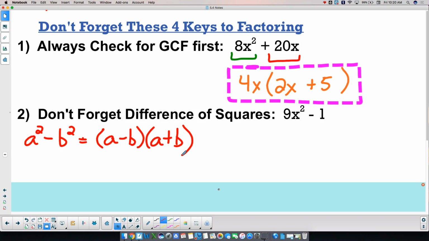Ready for them? 1, 4, 9, 16, 25, 36, 49, 64, 81, 100, 121, 144, 169, 196, 225, that's the first 15.